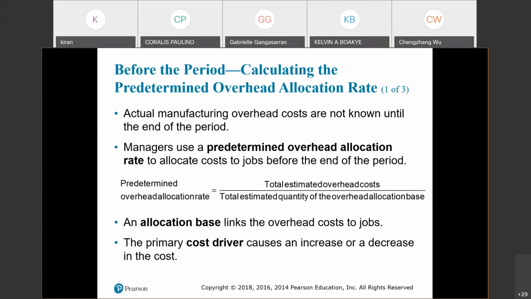But the managers cannot wait that long for product cost information because it is important that they have an understanding of how much each product is costing. So, the predetermined overhead allocation rate is calculated before the period begins. Companies use the predetermined rate to allocate estimated overhead cost to each job.